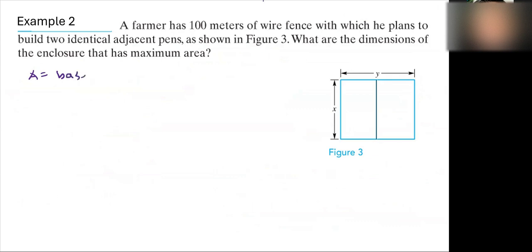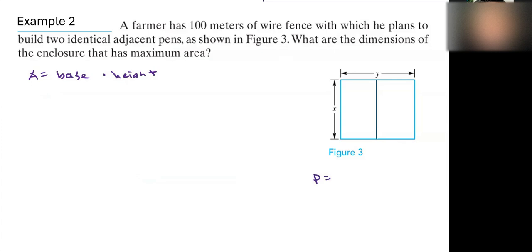Rewrite that: base times height. So what are we going to do here? Well, first, we actually need another formula here, and that's the perimeter. So we need 2 types of formula. We need the area formula, and we also need the perimeter formula. So let's go ahead and write that on this side.